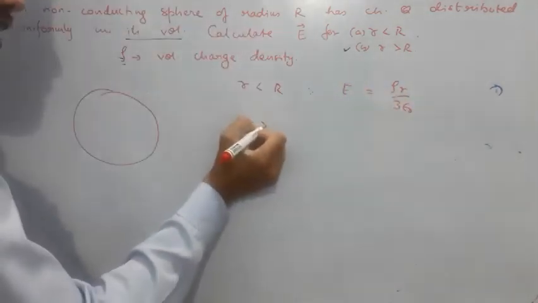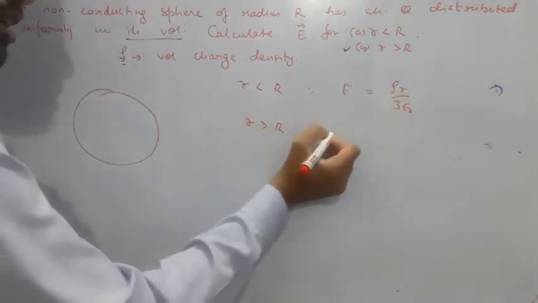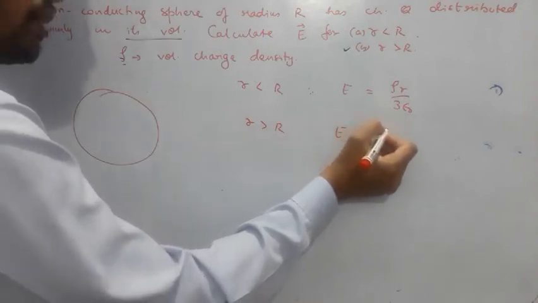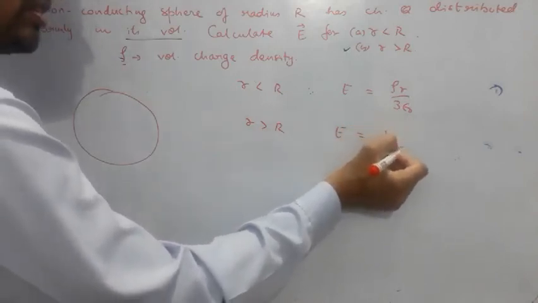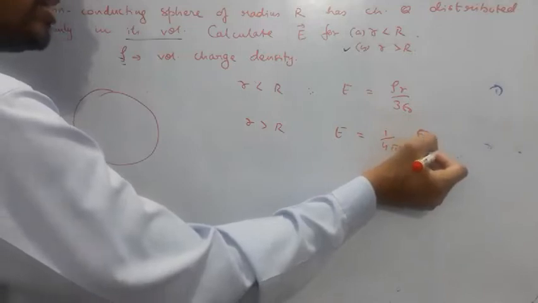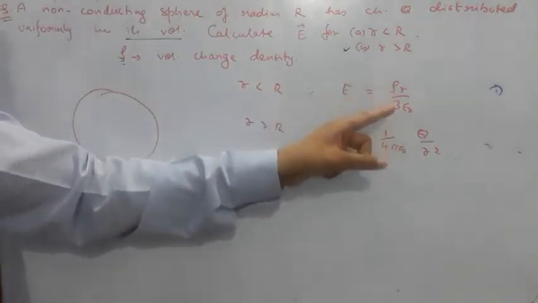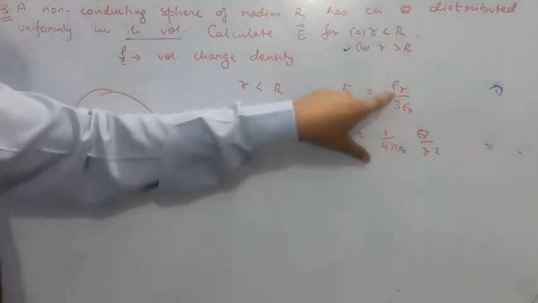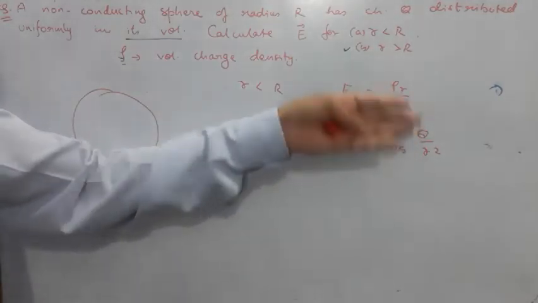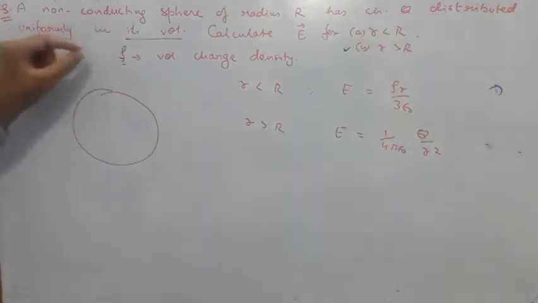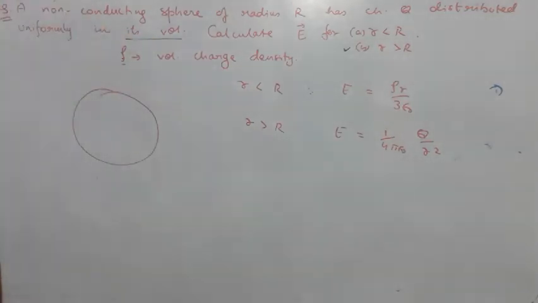And for r greater than R, that is for points outside, E was given as 1 by 4 pi epsilon naught q upon r square. Both of them should be expressed in terms of rho or in terms of q, which is not what I have done here. You can convert as per your wish and as per the conditions given in the question.